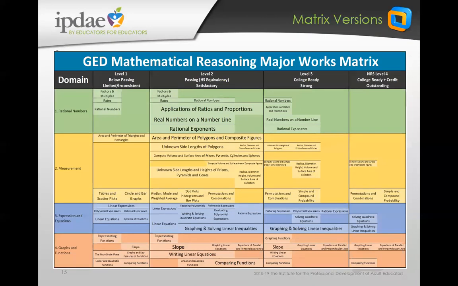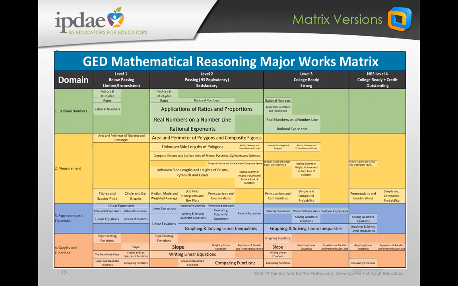Certain topics, certain skills will have more objectives than others. So you can see certain topics such as applications of ratios and proportions, that's a combination of several objectives into one.